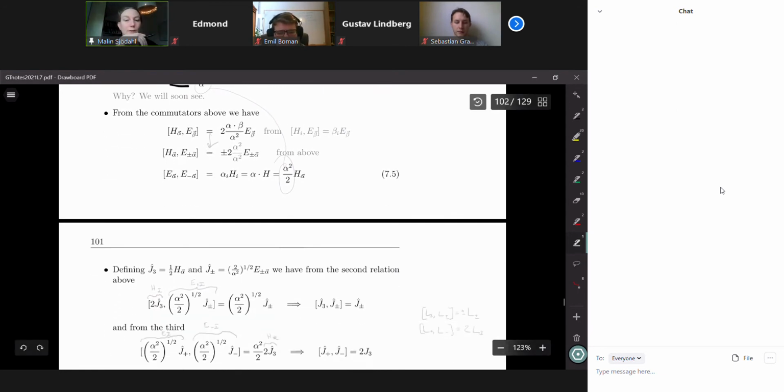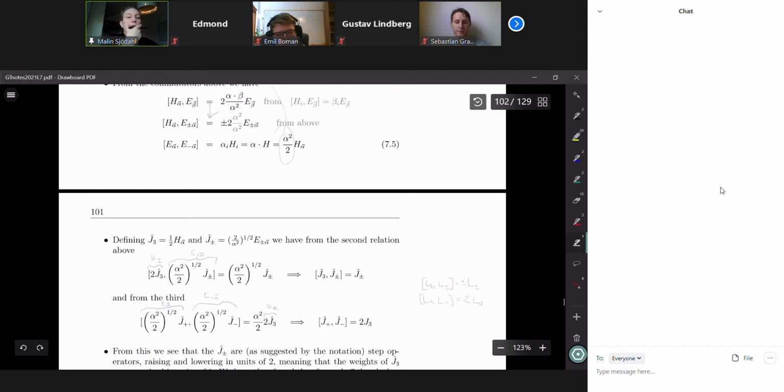And now I want to compare this to known stuff. So I introduce yet a new operator. I call it J3 hat. Why it's called J3? Well, I think you can almost guess that, and I insert a little hat on top of it to make it clear that I'm not stealing the J3 from somewhere else. I'm defining it here.